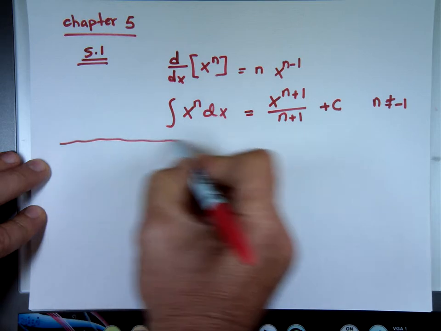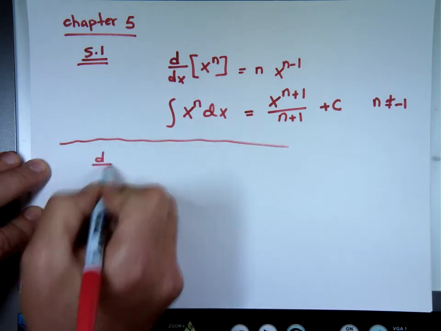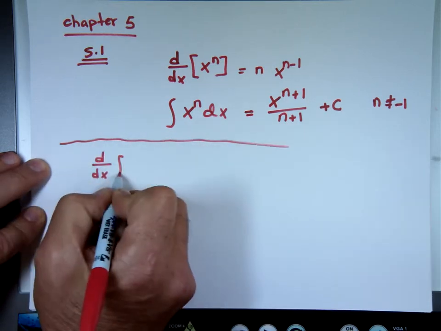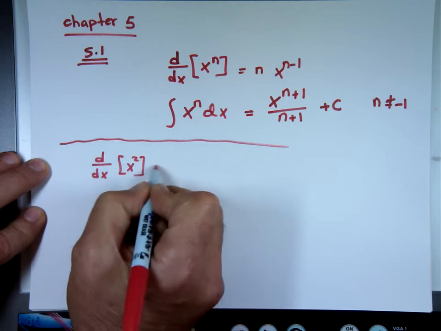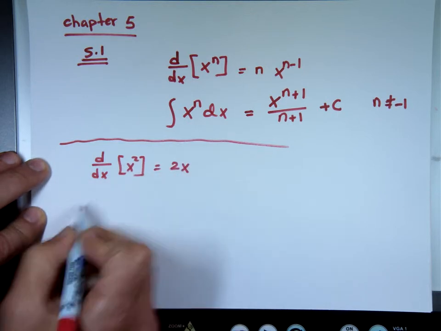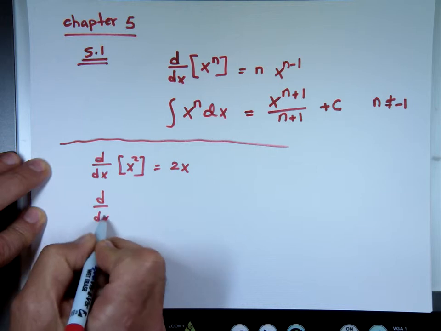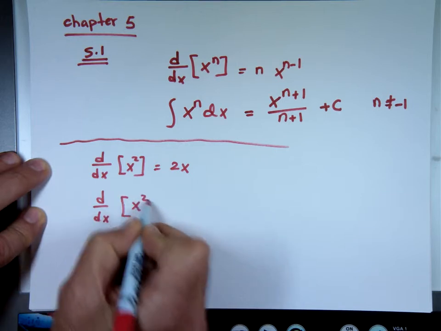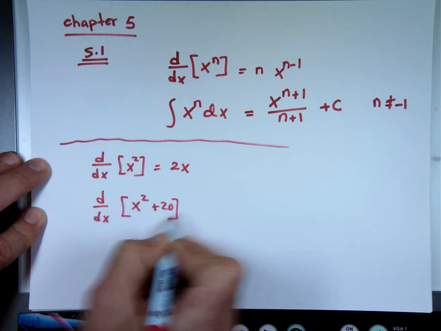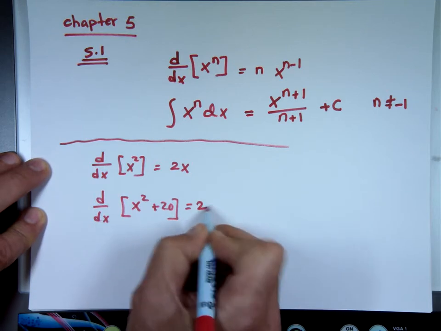So let's look at this. What's the derivative of x squared? 2x. What's the derivative of x squared plus 20? 2x.